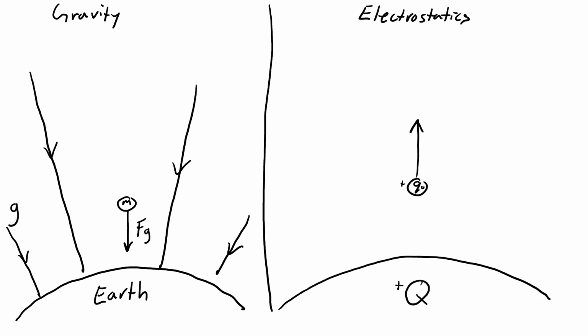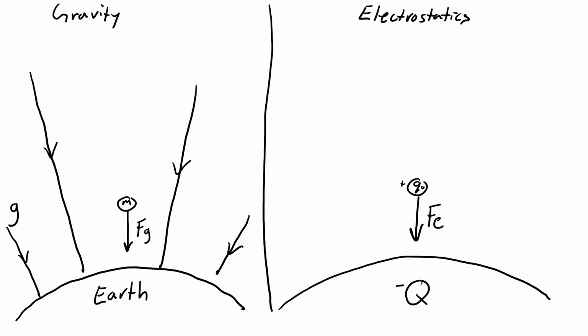But since we drew it like this, let's have it be an attractive force. We always use a positive test charge, so let's keep that the way it is. In order for it to be attractive, the source charge must be negative. So you have a positive and a negative, and there's an attractive force that we call the electrostatic force.